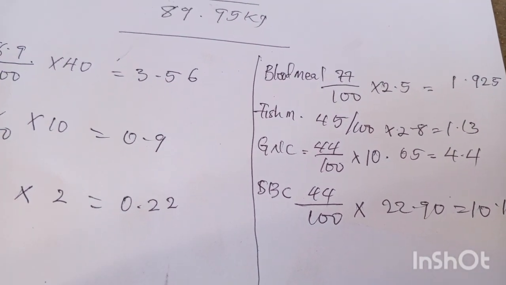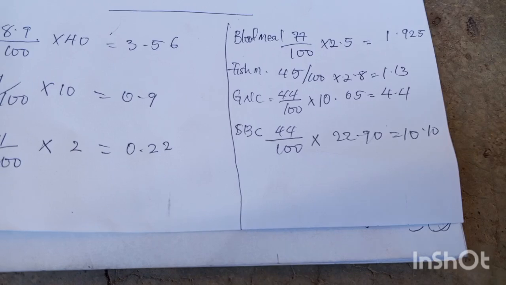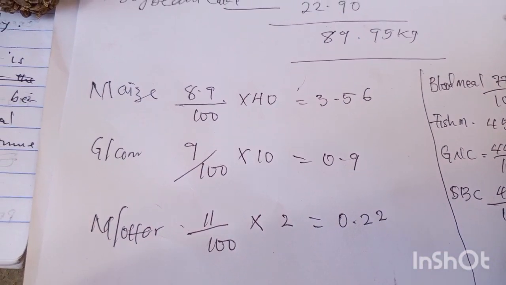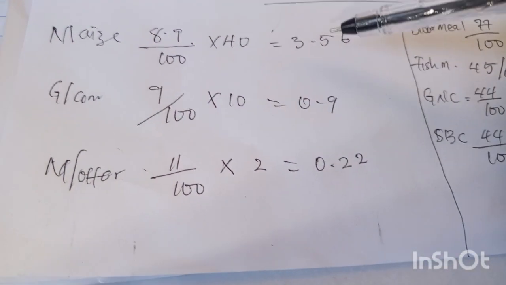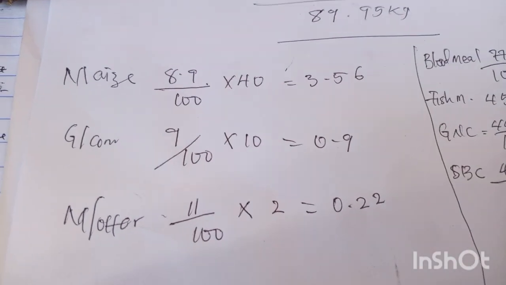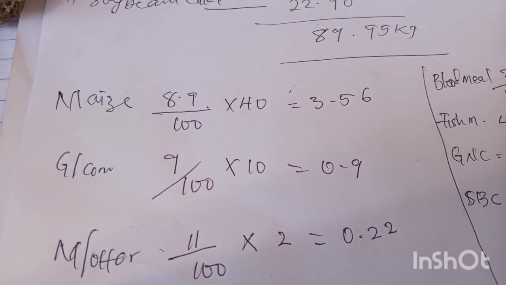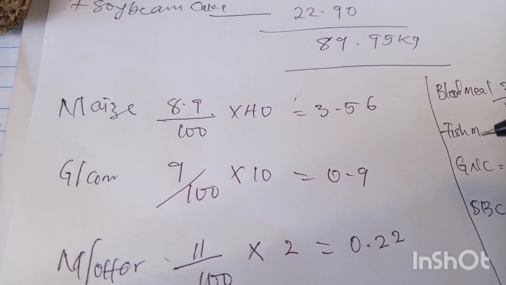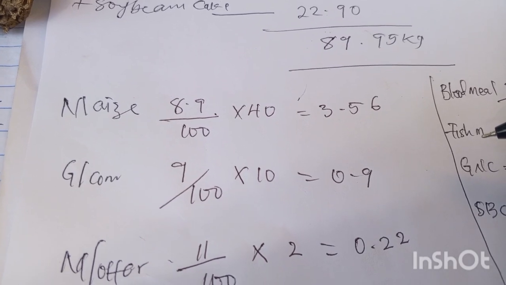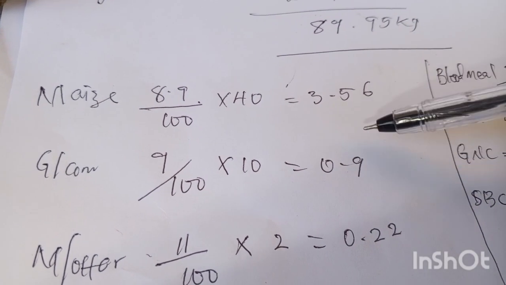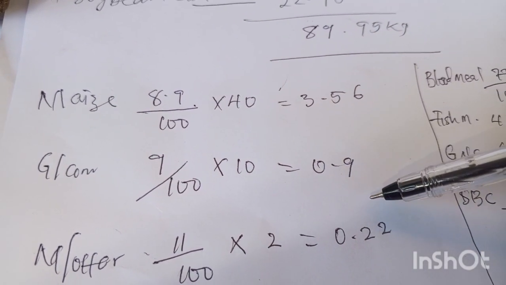So now the next thing we are going to do is to calculate everything together. That is the maize, which is 8.9 over 100 times 40, giving you this. So come down to groundnut cake, giving you this.